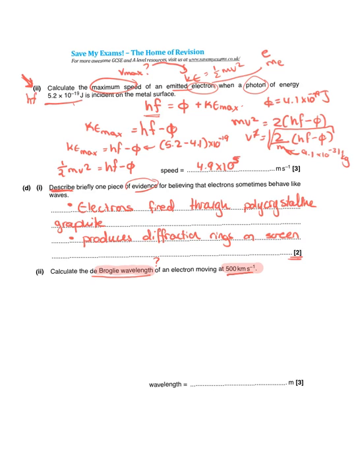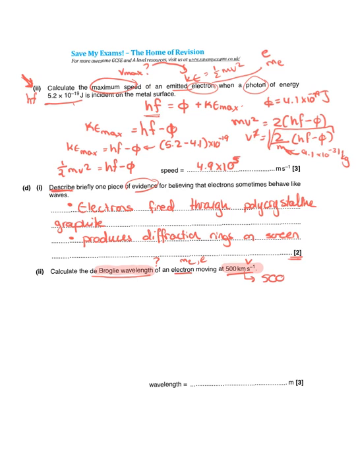The electron is moving. I know that I have an electron, so I know its mass and its charge already as well. And I know its speed. Now, the speed is in kilometers per second. I want it in meters per second, otherwise it won't work with my equation. It will give me wrong values.